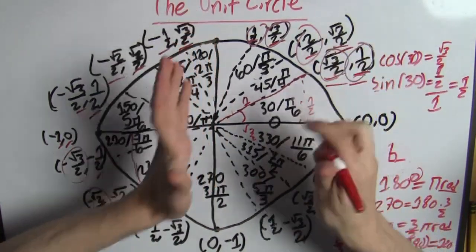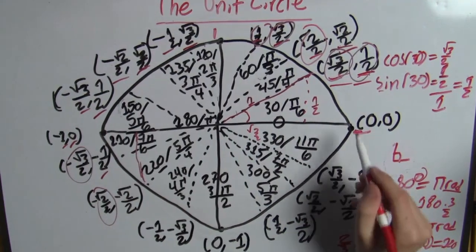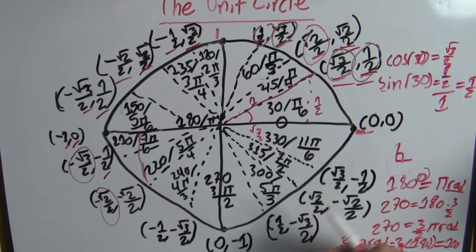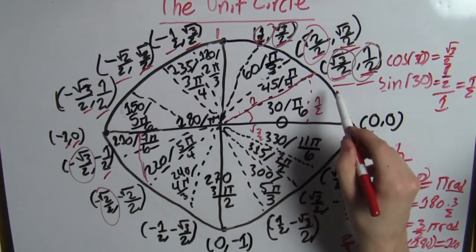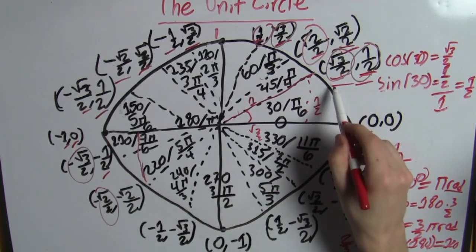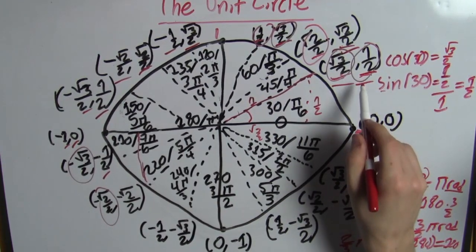So you only really have to memorize this top quadrant here, right? And then if you think about the context, you'll be able to figure out the negative signs, right? Because let's say, okay, I know the 30. That point would be root 3 over 2, 1/2, right?